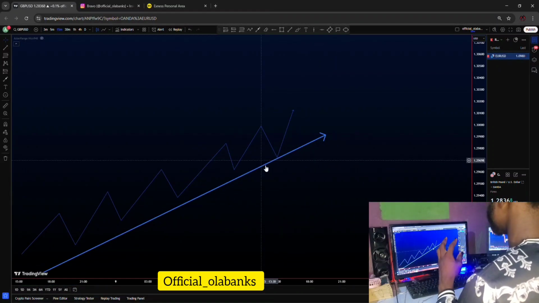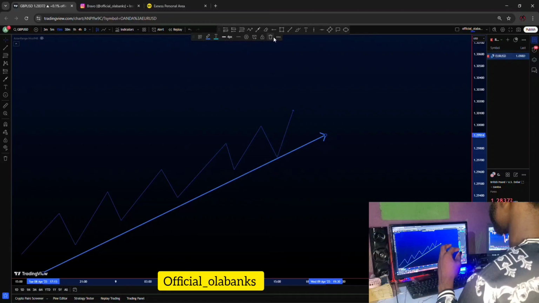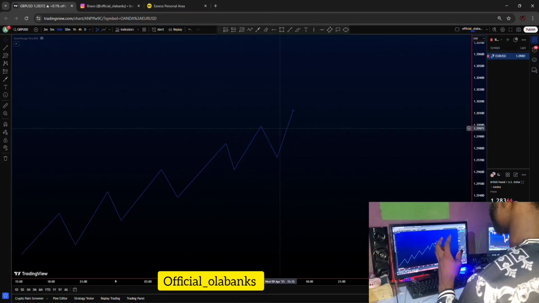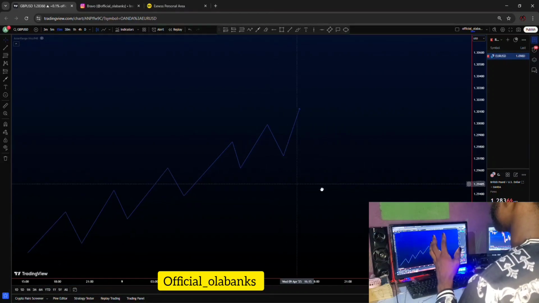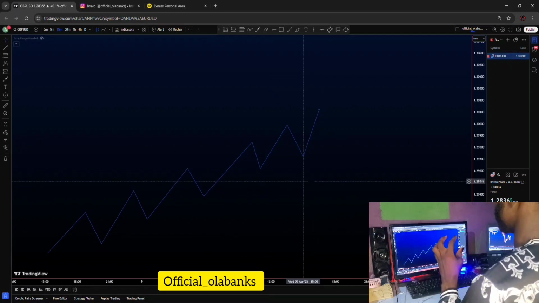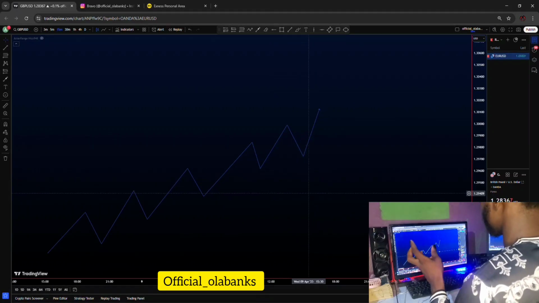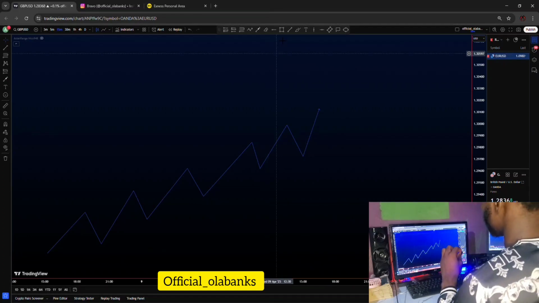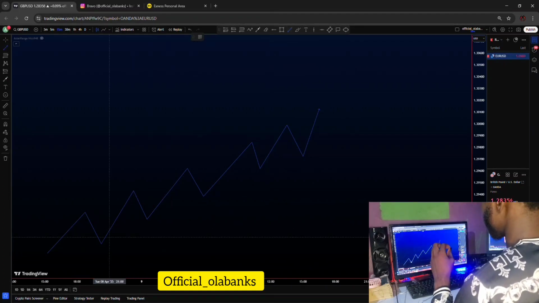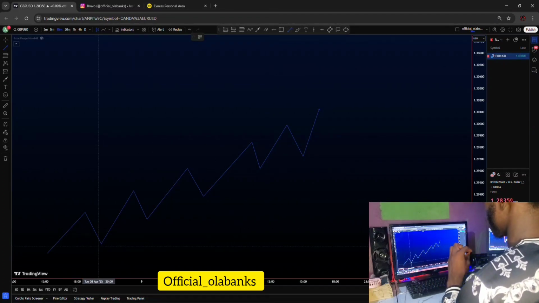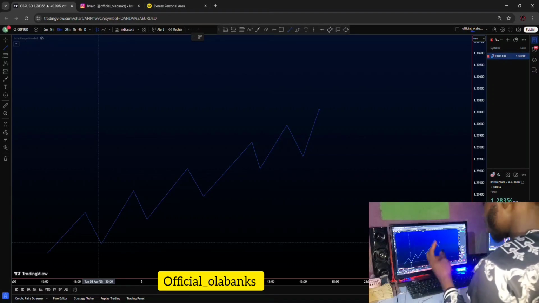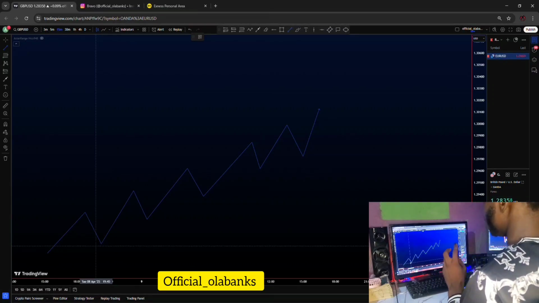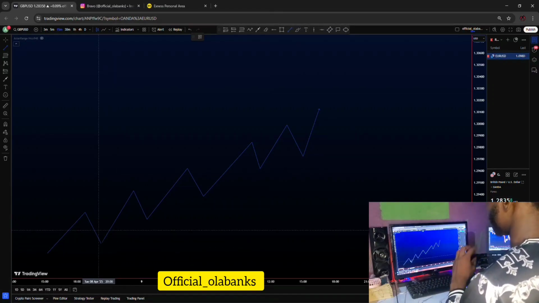So now what you want to be looking for here is how to draw your trend line properly, and how to place your support and resistance properly. So how to draw your trend lines properly is connecting at least 2 or 3 touches, a minimum of 2 touches, maybe from the low or from the top.